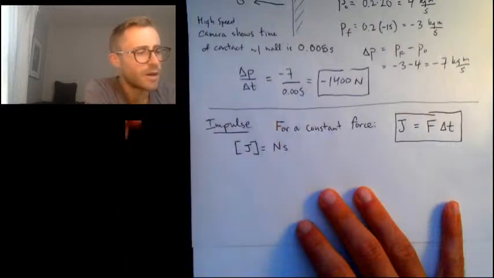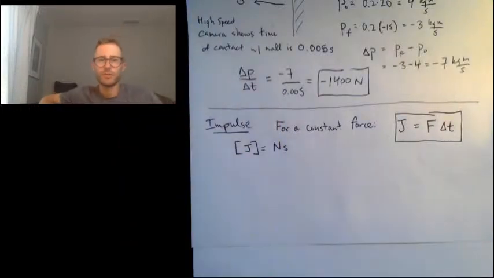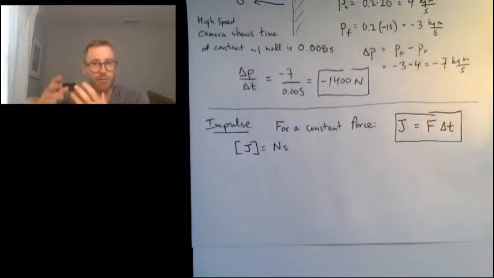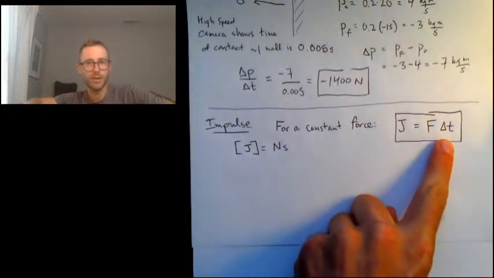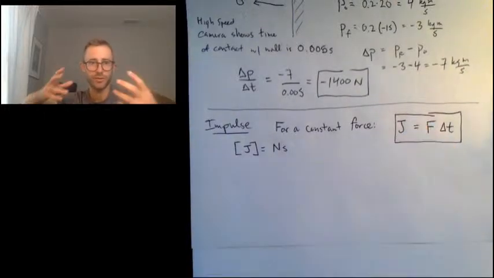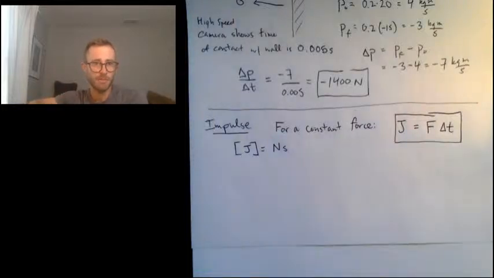Impulse is used a whole lot in rocketry because the rocket exerts a certain thrust for a certain amount of time. Basically a rocket will fire until its fuel runs out, so the time is the time for the fuel to run out, and the force is the force of the thrust of the rocket.